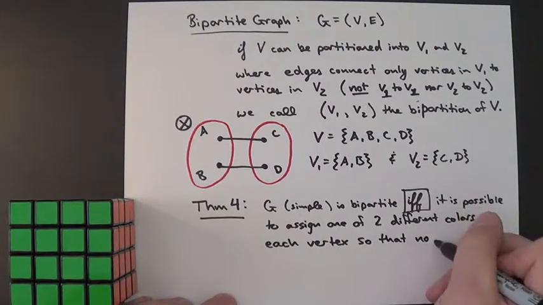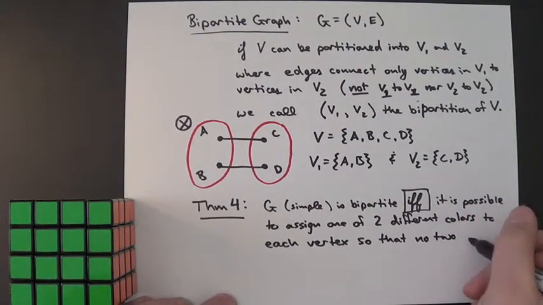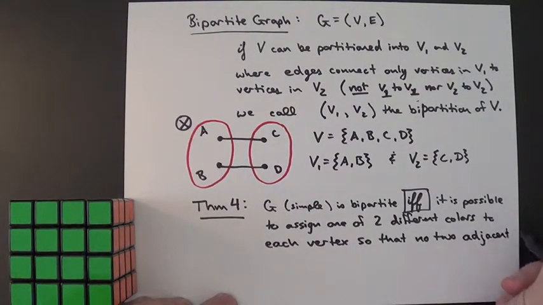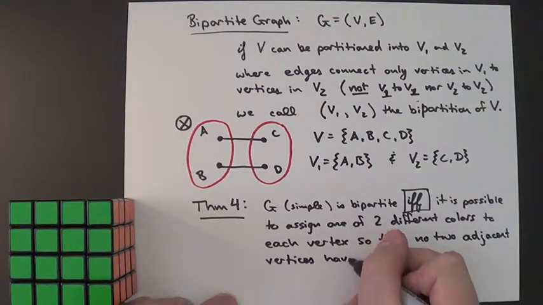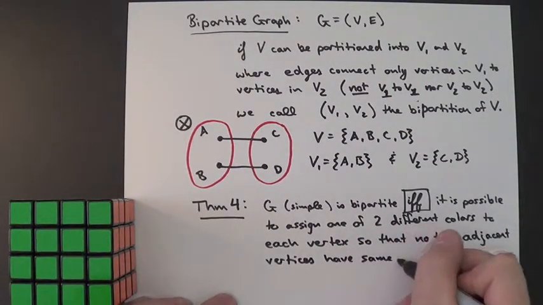So that no two adjacent vertices have the same color.